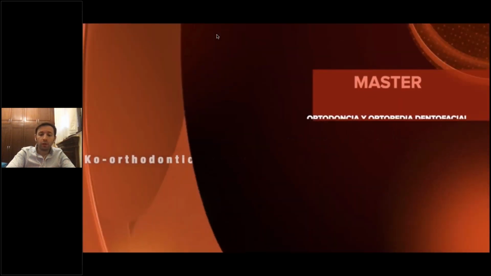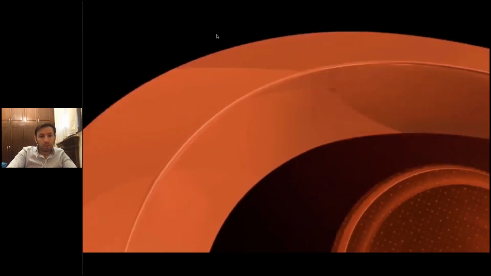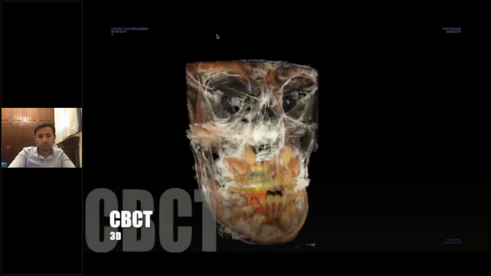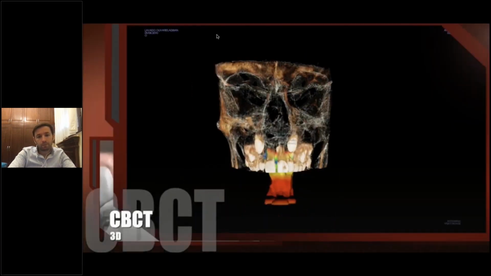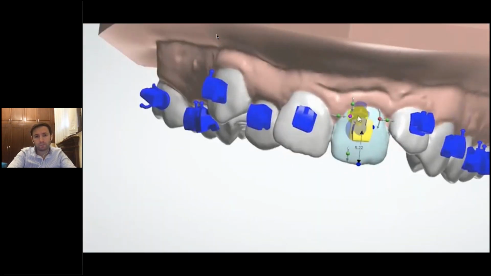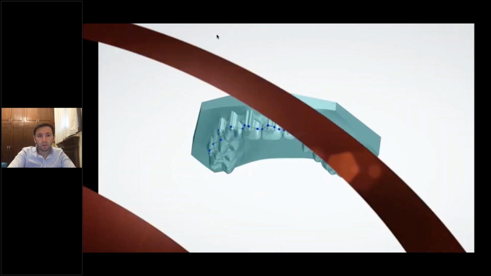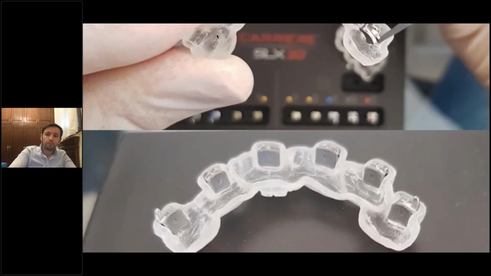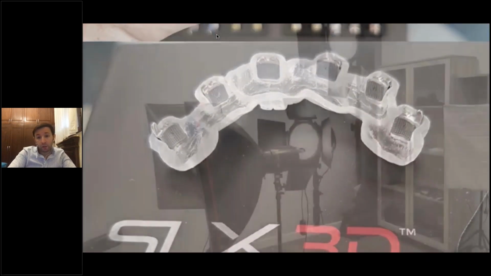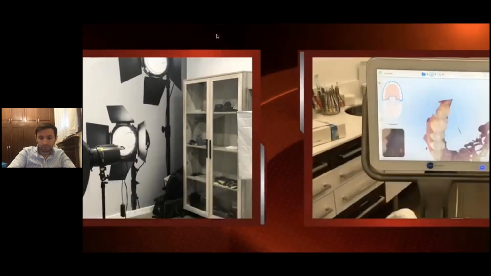Look, this is what we do nowadays in our master in orthodontics. We are doing 3D diagnosis, indirect bonding of all our patients, with intraoral scanner for sure, and good quality photographs.